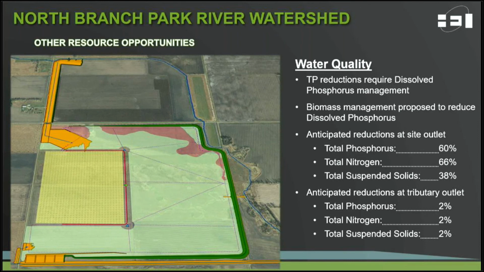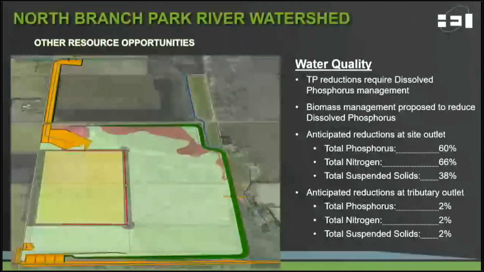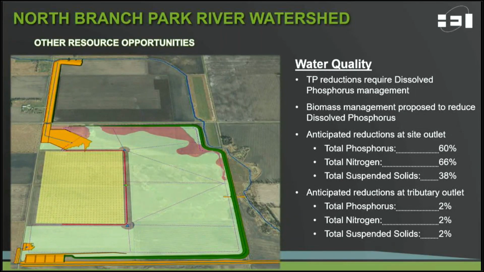So what you see on the map, the yellow is an upper portion of the pool that we think we could incorporate fairly easily, an area for some biomass harvesting, as well as potentially doing some rotational grazing for the remainder of the site to help pull off some of the biomass as well. One thing I just want to point out is the percent reductions you see here are largely based off of some monitoring work that's been done on the North Ottawa project.